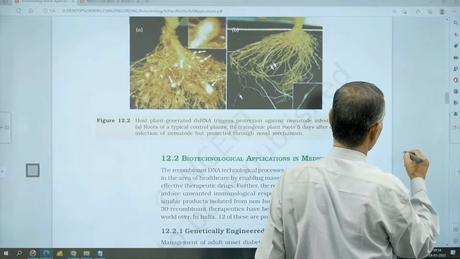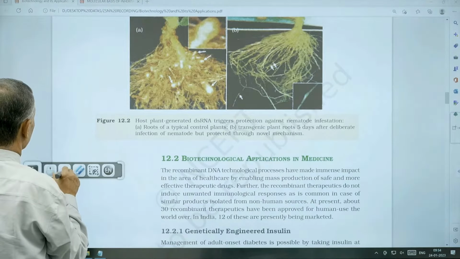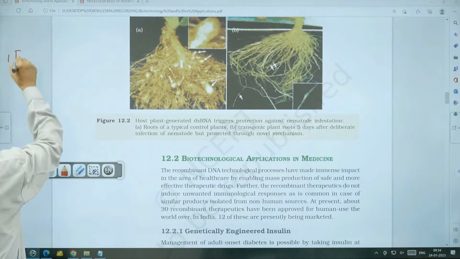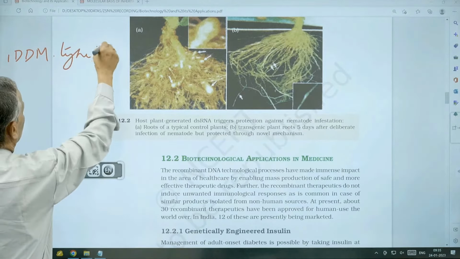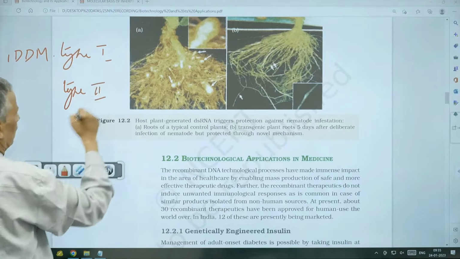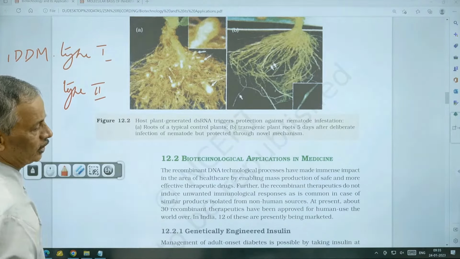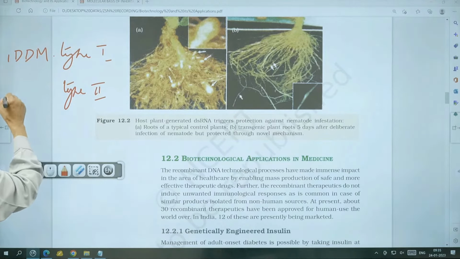So it is called insulin-dependent diabetes mellitus, or type 1. And type 2 is, as we become old, the cells may become resistant to insulin or the insulin production becomes reduced. That is called type 2 diabetes.